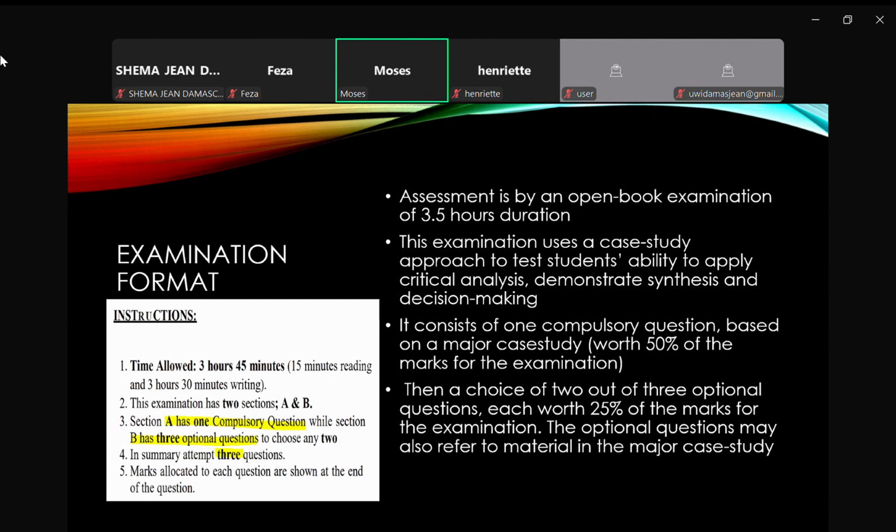So in total, you must attempt 3 questions out of the 4 in the paper. Your examination is going to be a case study type of question paper. What we are looking for is to determine whether you are able to apply critical analysis and demonstrate synthesis and decision making.